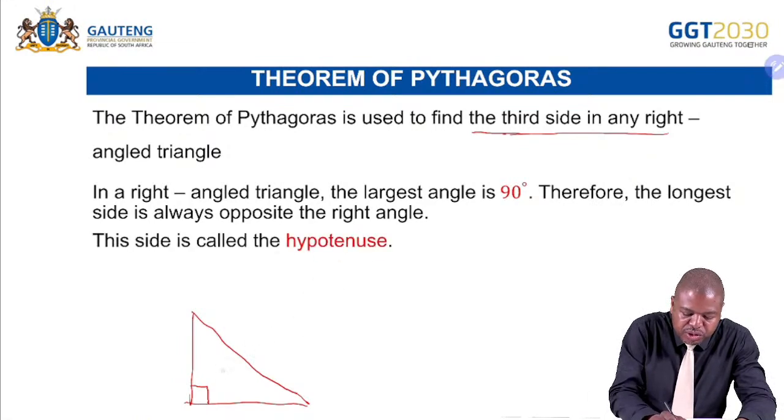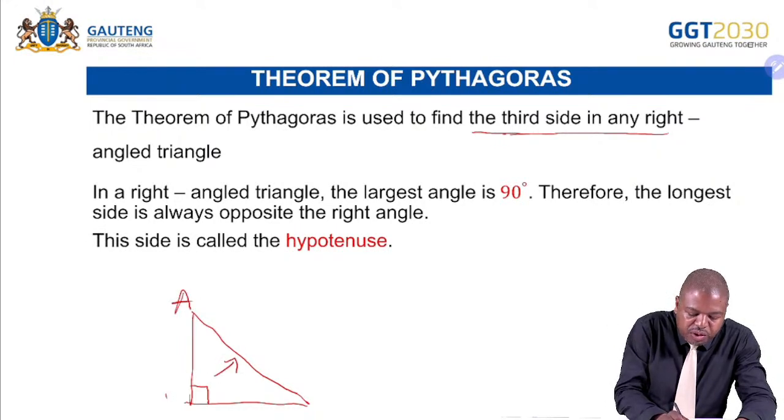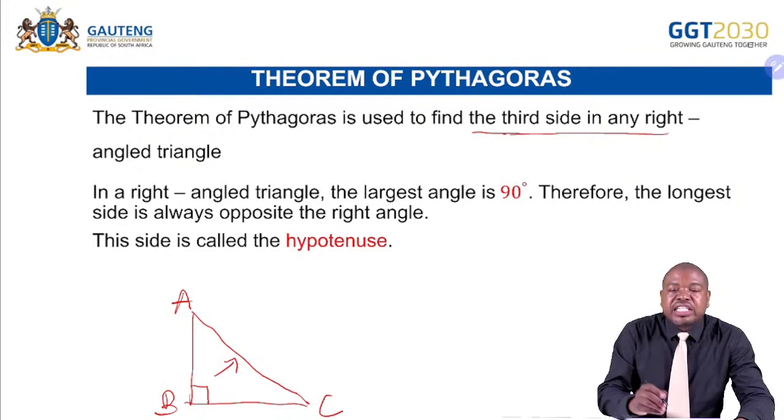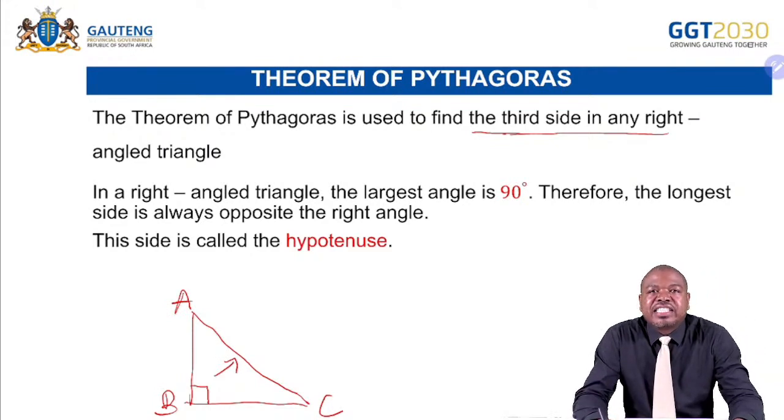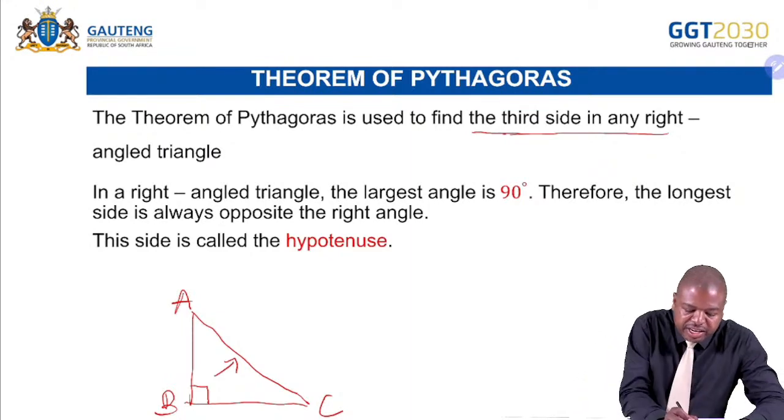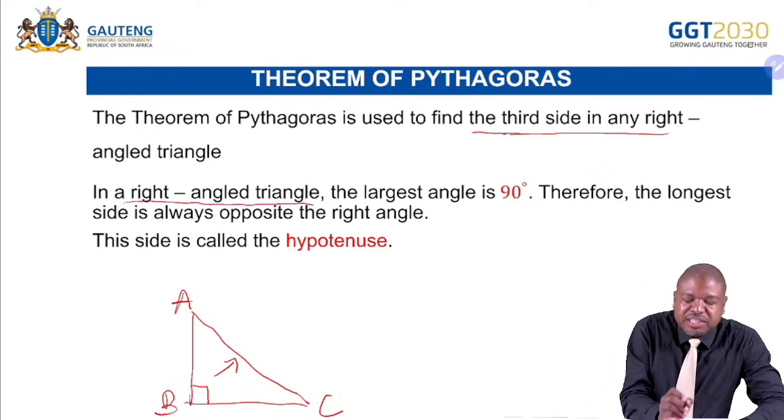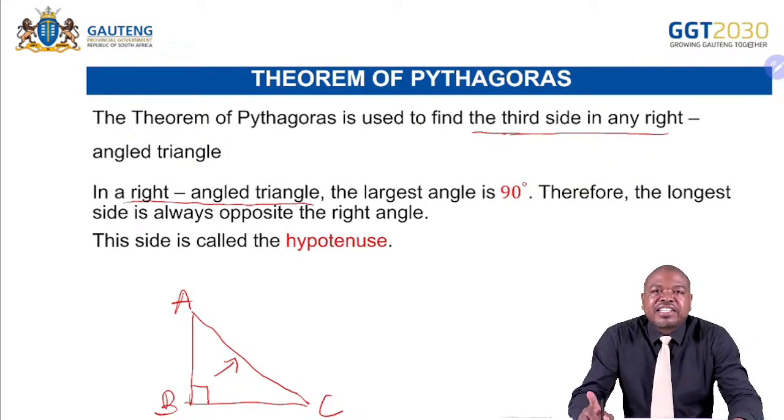The hypotenuse. We had already mentioned it, right? So this side will be our hypotenuse. It is always opposite the largest angle, which is what? 90 degrees in a right angle triangle. We'll be only dealing with what? With a right angle triangle.